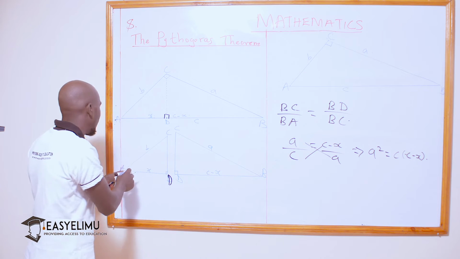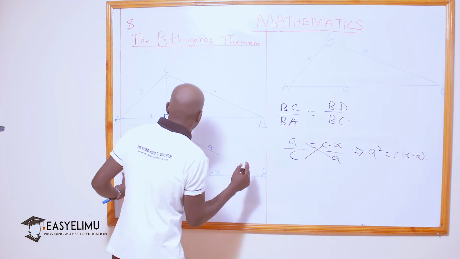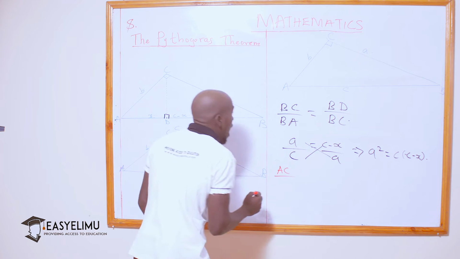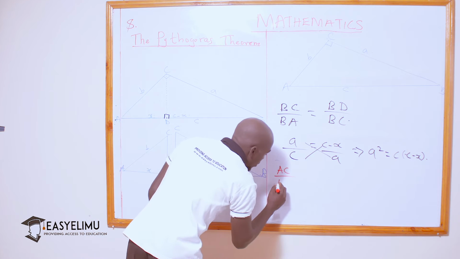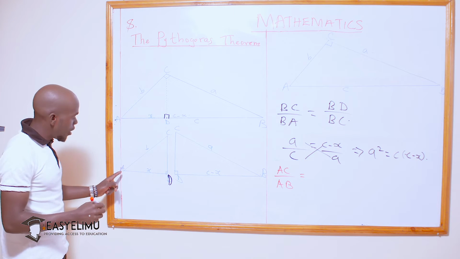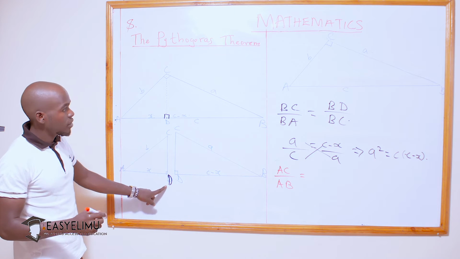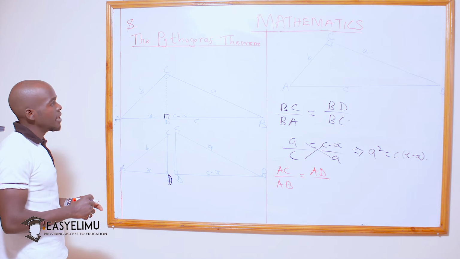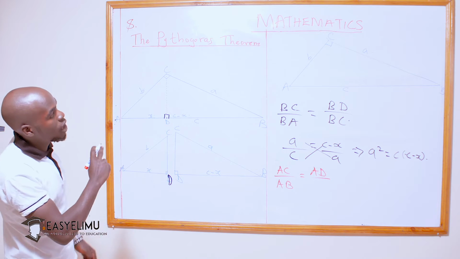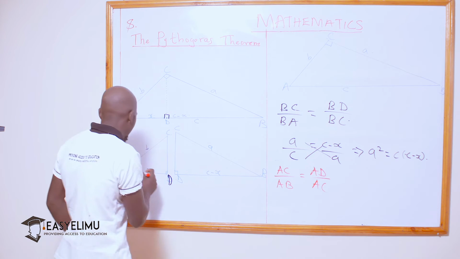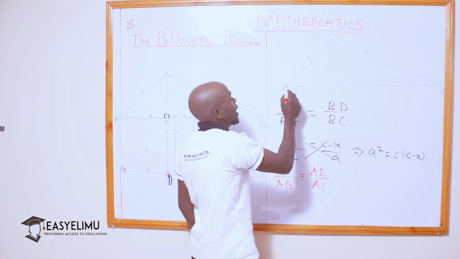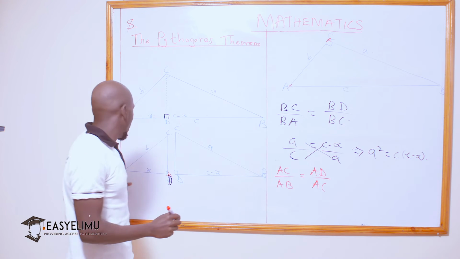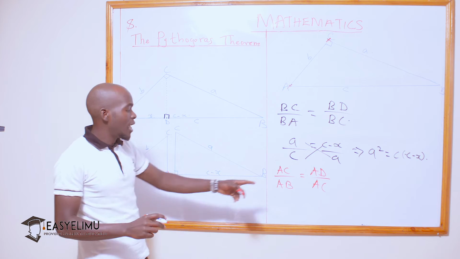If I take the hypotenuse of triangle ADC, that is AC, over the hypotenuse of the larger triangle, which is AB, it should be equal to the base AD over the base of the larger triangle, which is AC, similar to that side of AD. So we shall find in that case.